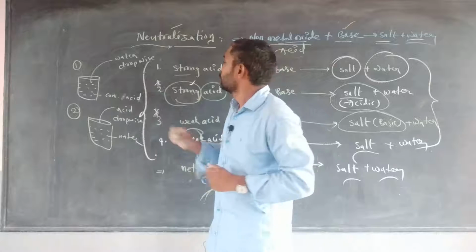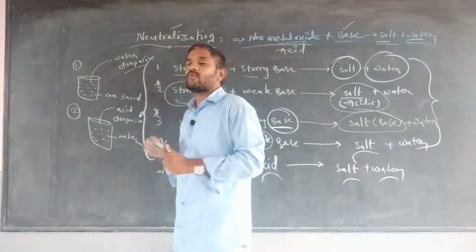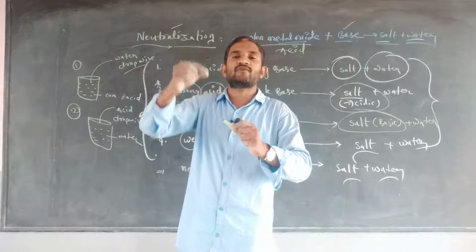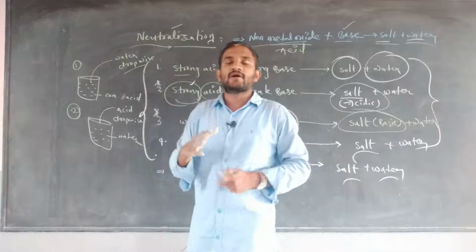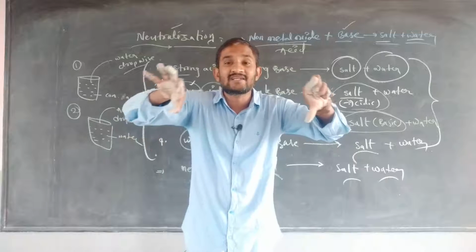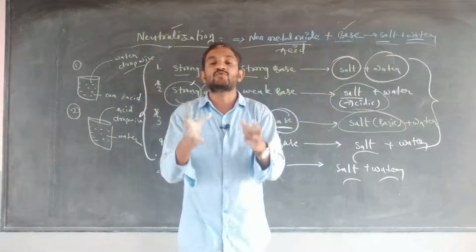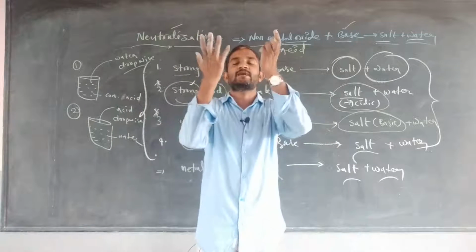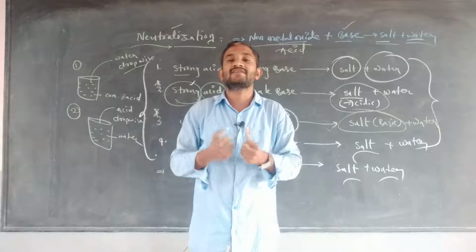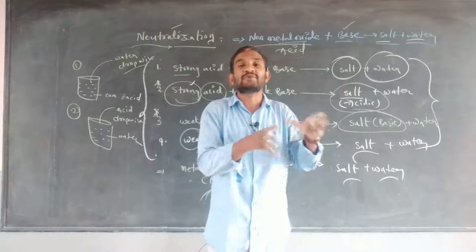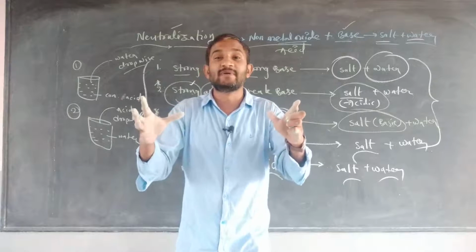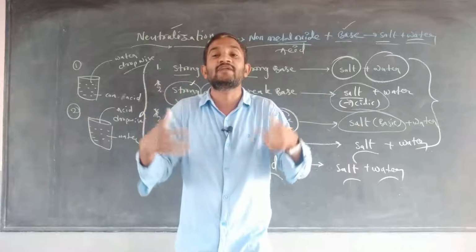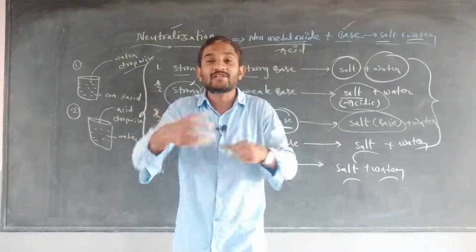Let us find out. When we add water drop by drop to the concentrated acid, all the acid molecules want to become stable. Suppose I bring many chocolates into the classroom, you will all be eagerly waiting and come near me to take them.